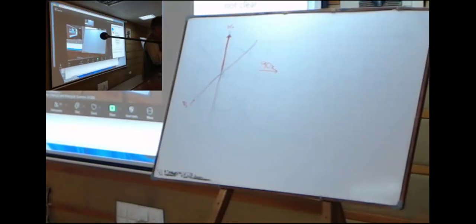If you apply the right hand rule to the radio frequency, the movement that we are talking about is clockwise.